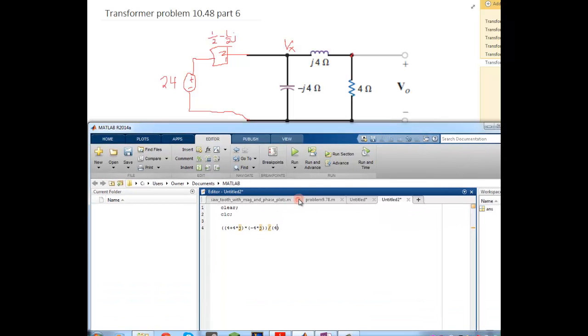Okay, so this voltage we just found is Z2. We know that Z1 is half minus a half j.